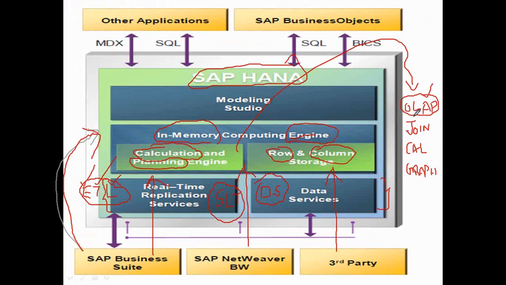We have another kind of views called attribute views. Those attribute views will be triggered using the join engine, whenever you are accessing the join attribute view. Similarly, when you access the analytic view, the OLAP engine is triggered.